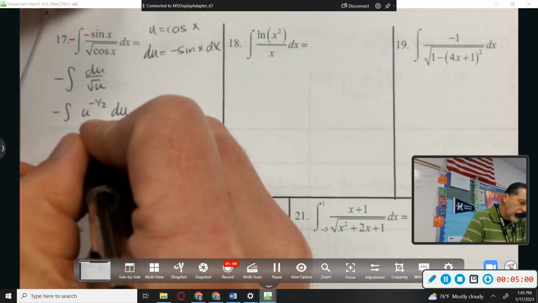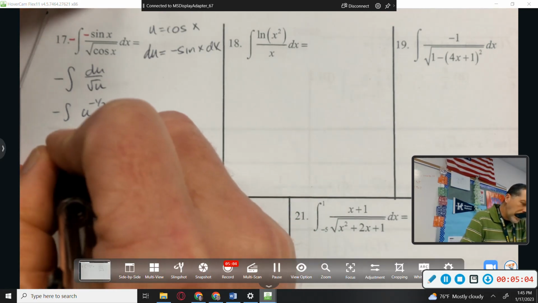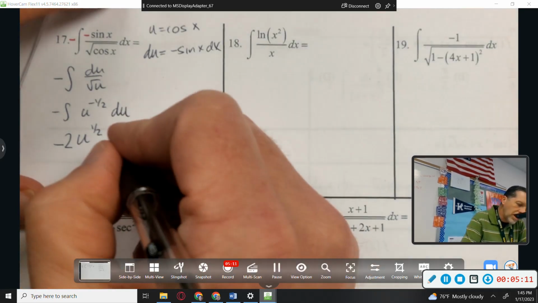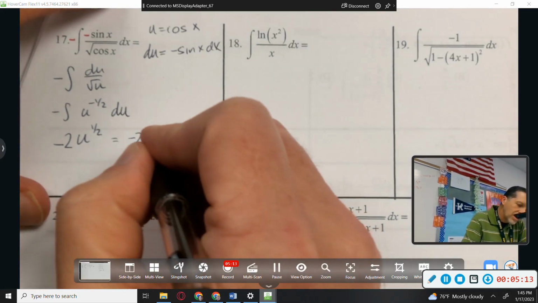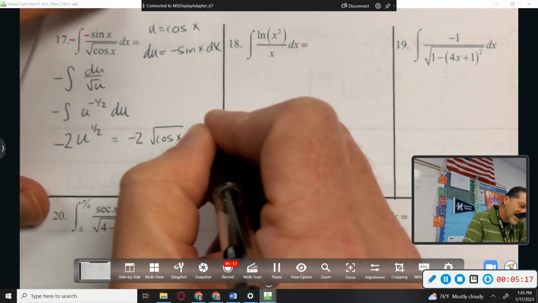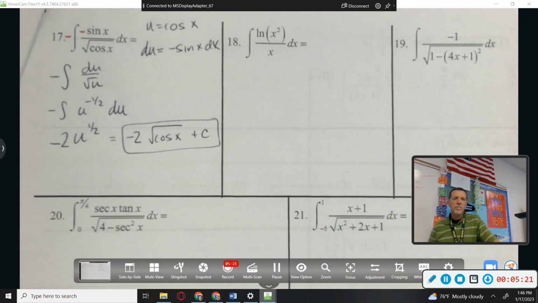Increase the power by 1, divide by the new power. And then plug in the u stuff again. Negative 2 square root cosine of x plus c.